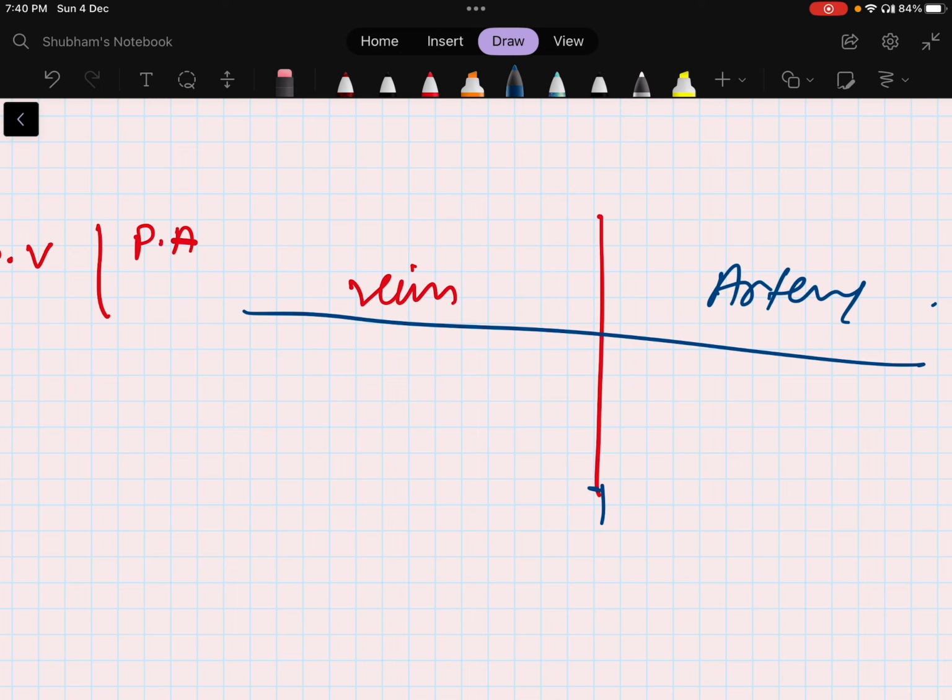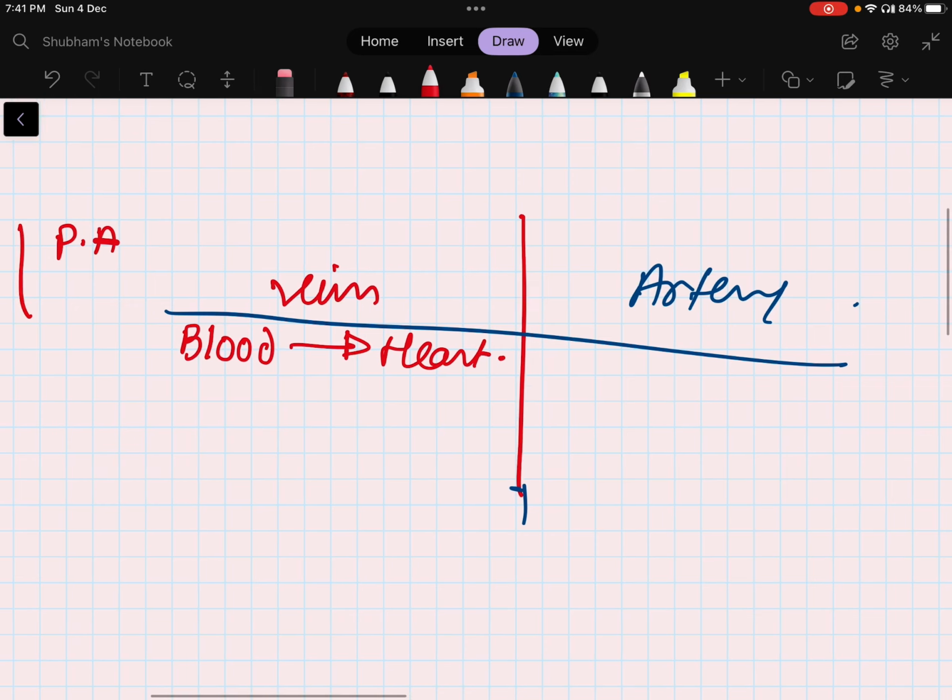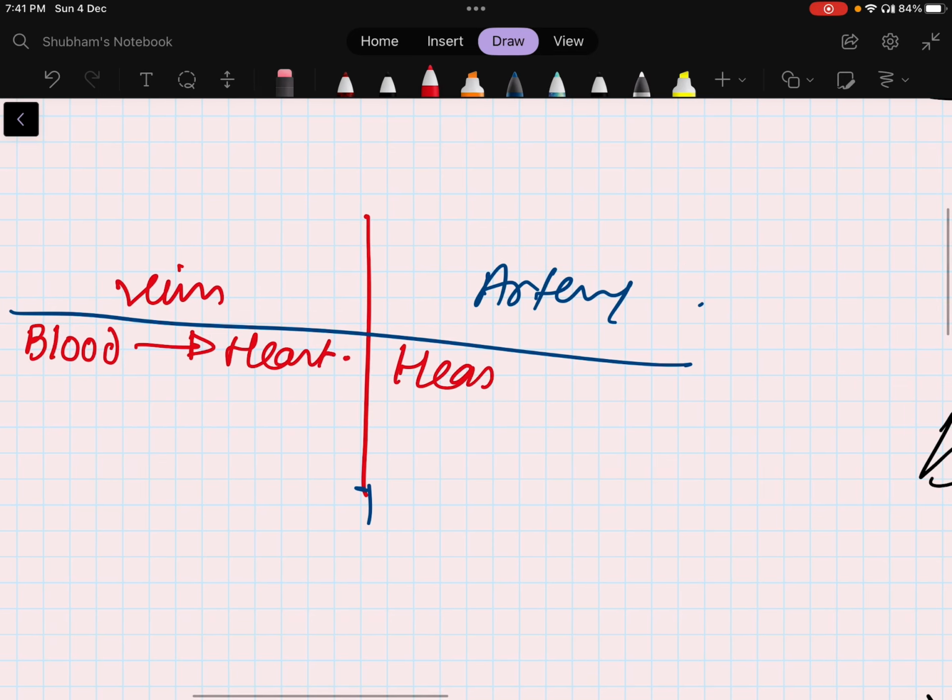So how do you distinguish between a vein and artery? Color? No. Thickness? Yes. Diameter? Yes. But what is the main difference? A vein drains the blood towards the heart. An artery takes the blood away from the heart.